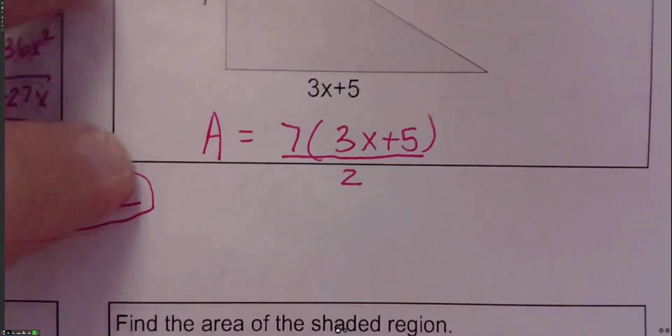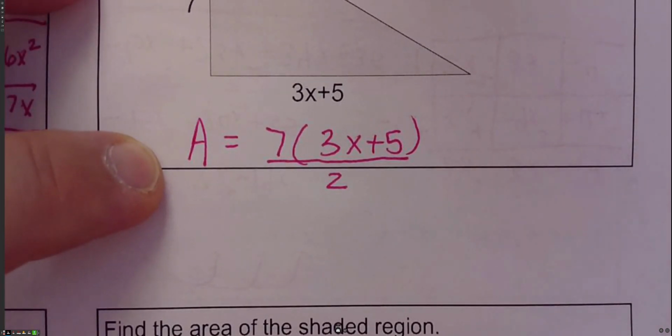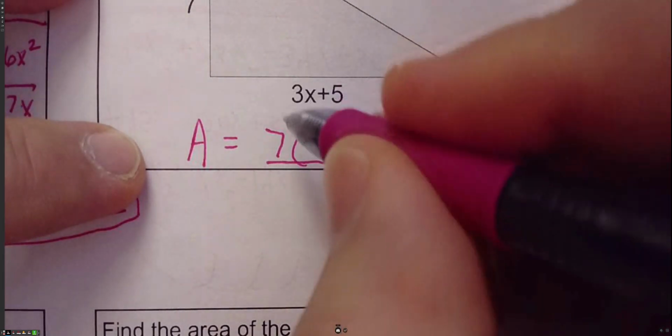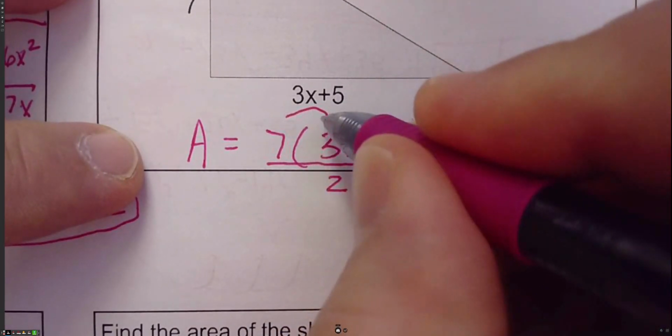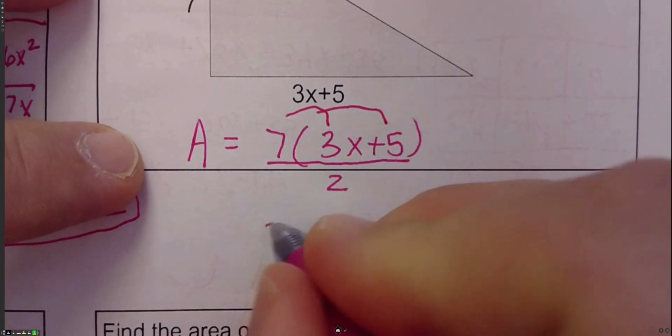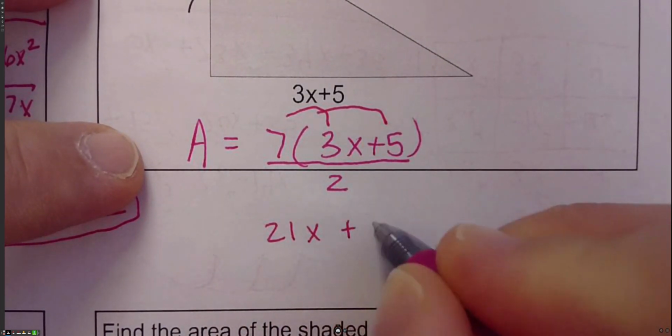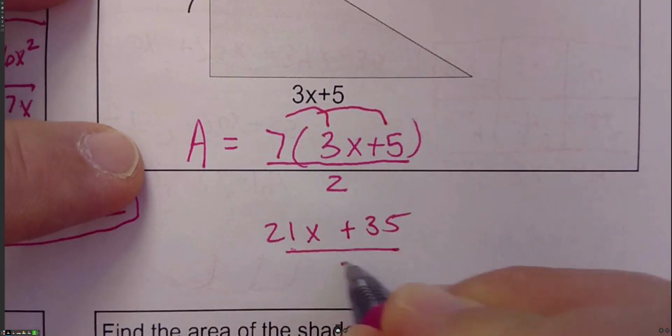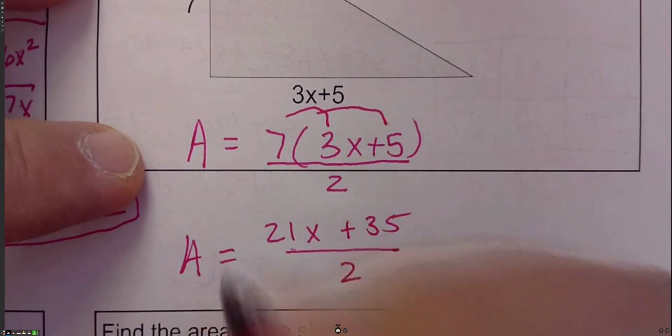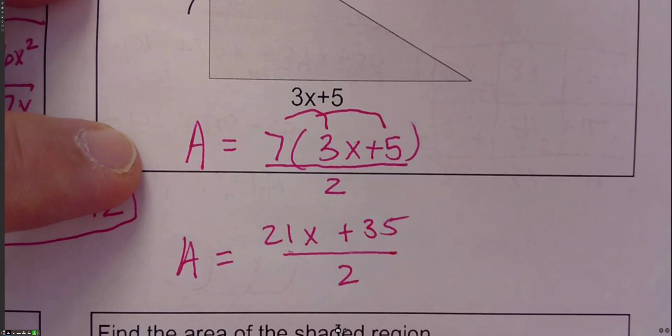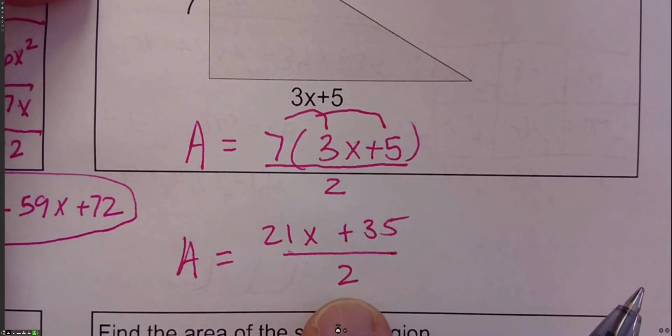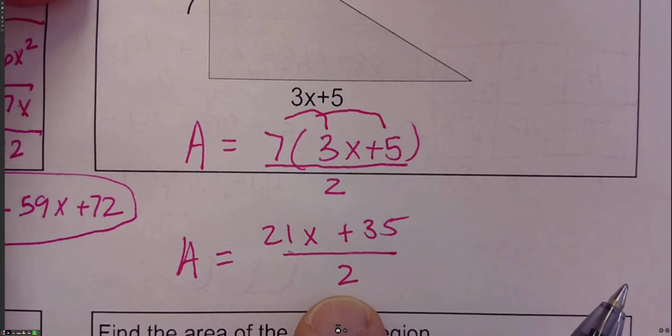Or the other way we could write it is we could actually multiply it in, right? So we distribute in the 7. So we get area equals (21x plus 35) all over 2. What is this 2 affecting? Let me ask you that way. Yeah, Brody.